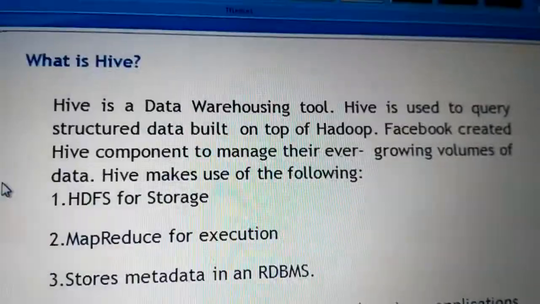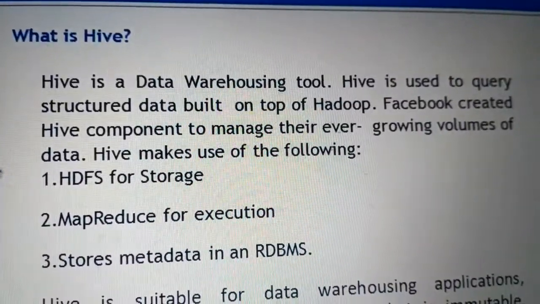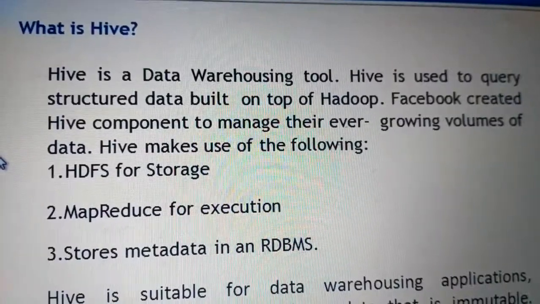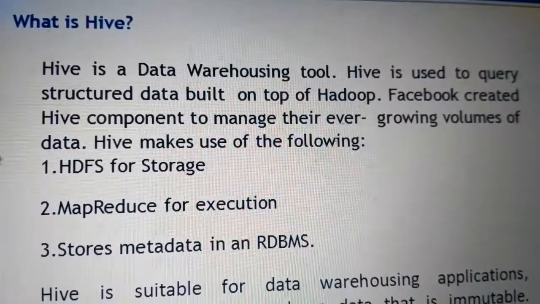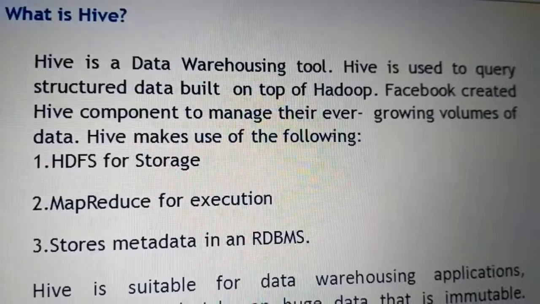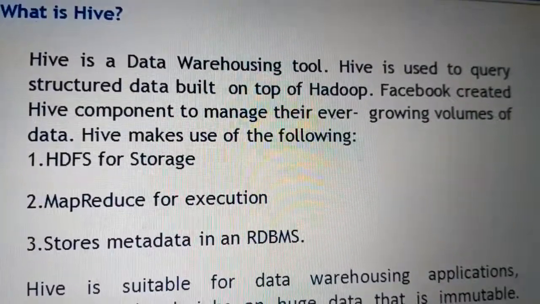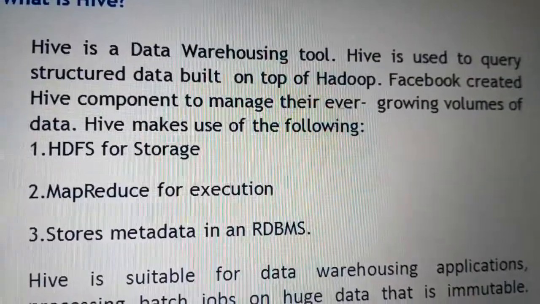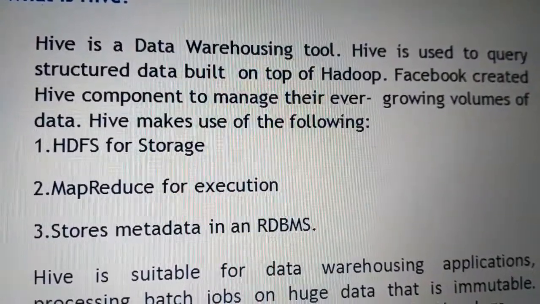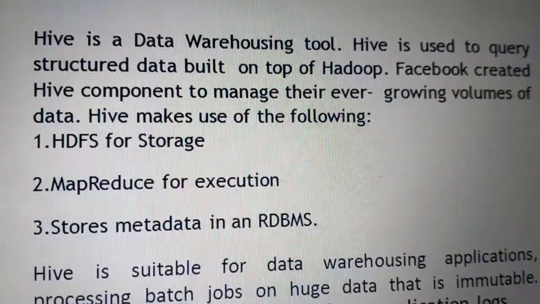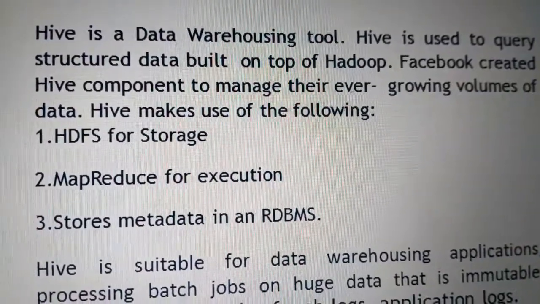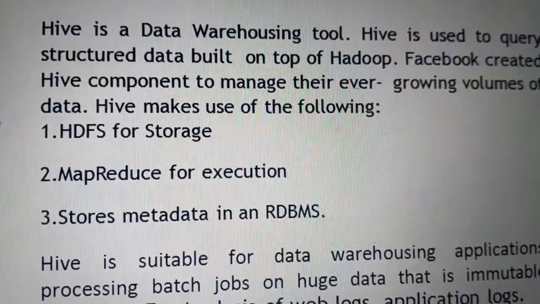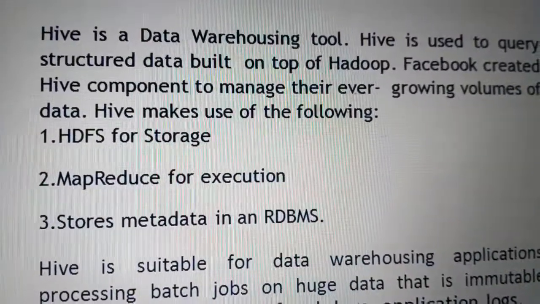What is Hive? Hive is a data warehousing tool, and Hive is used to query structured data built on top of Hadoop. Facebook created the Hive component to manage their ever-growing volumes of data. Hive makes use of HDFS, Hadoop Distributed File System, for storing the data, and MapReduce for processing, for parallel processing.